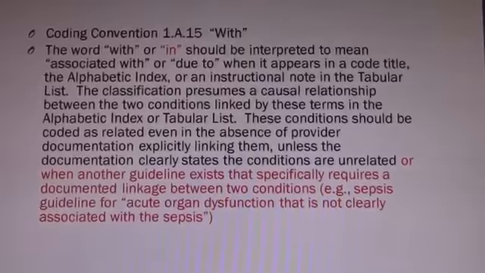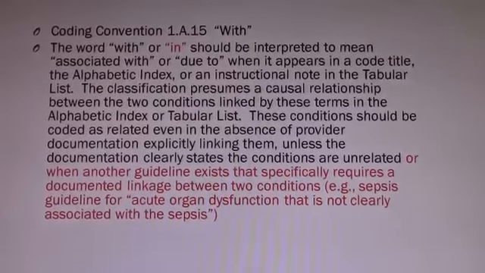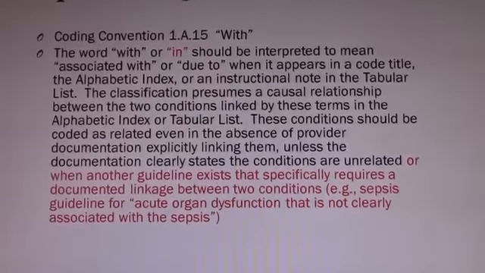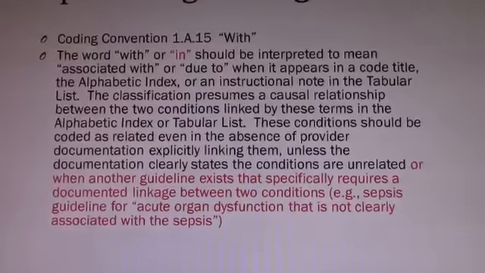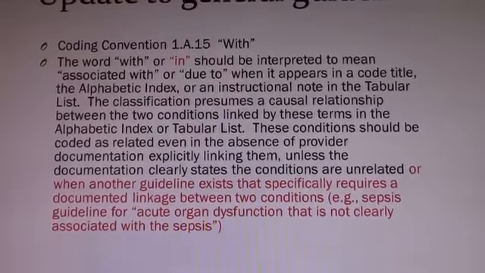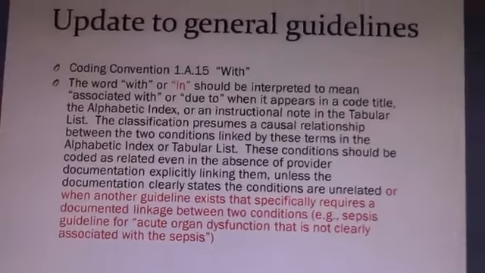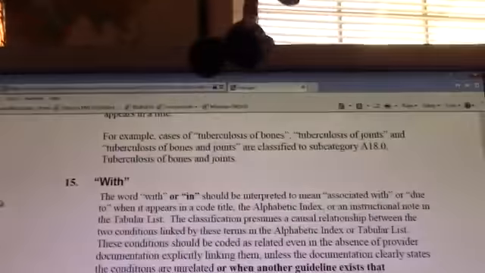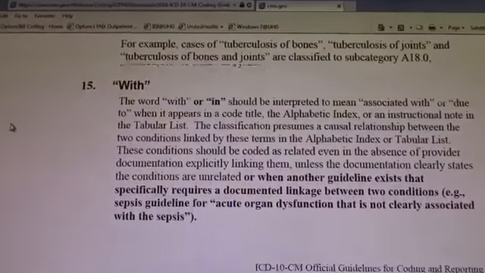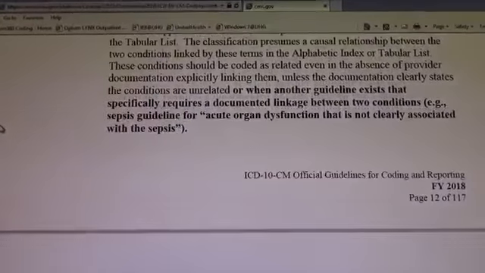Be careful there. But in any other case, when you see "with," understand that it means "with" or "in." Okay? It's all included in this one guideline. Just automatically assume there's a cause and effect relationship.